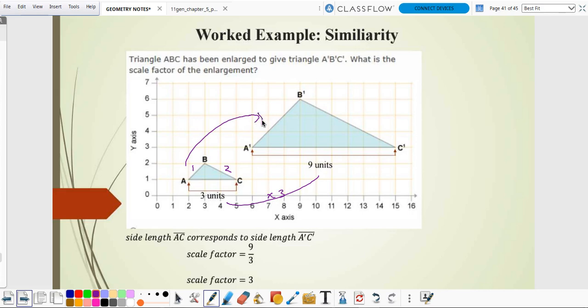So this length should be 3. This side length, if it was 2, and to go there you're timesing it by 3, what would this length be? 6. Good, so that would be a length of 6, because everything has been tripled, multiplied by the scale factor of 3.